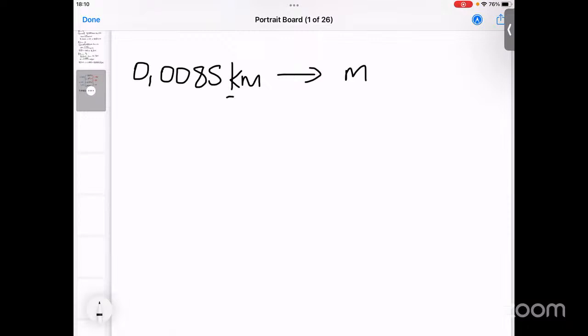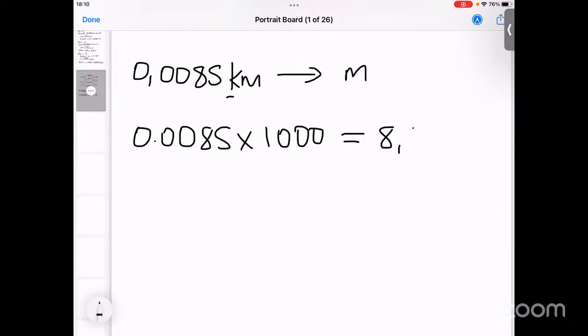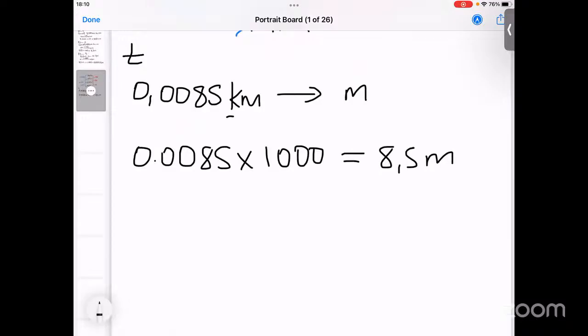Since kilo means 1,000, we'll take that 0.0085, we will multiply it by 1,000. Then after the multiplication, we definitely end up getting 8.5 meters. And I think this would be example number 4.